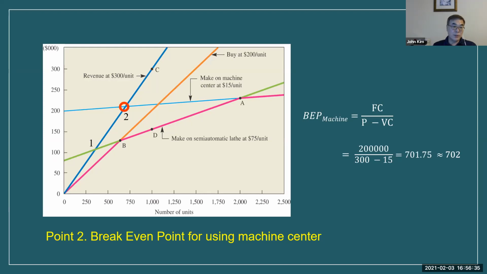From this number, we can say if this company chooses the third option, using the Machine Center, this company should produce and sell more than 702 units to make a profit.